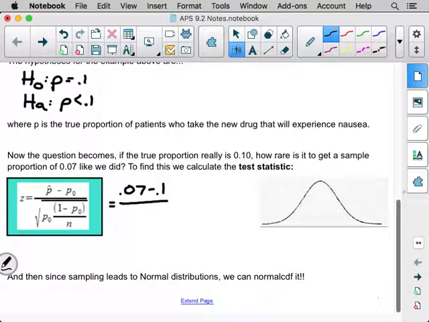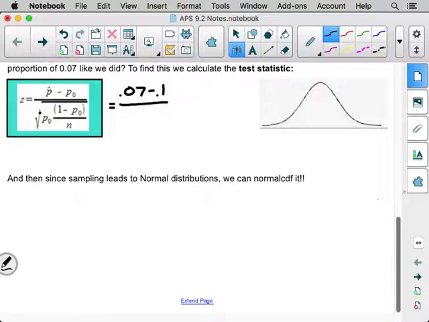Divided by, again, think of this like a z-score, divided by standard deviation. Now, you know how to do standard deviation for a proportion. Isn't this the formula from the packet for standard deviation? This right here, right? Standard deviation over proportion. Now, here's the slight little caveat in this.